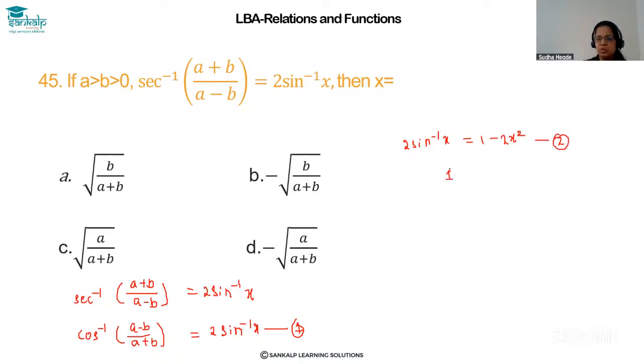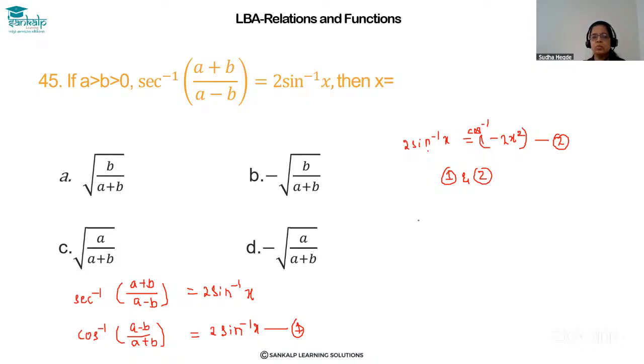From 1 and 2, 2 sin inverse x is equal to cos inverse of A minus B divided by A plus B. Correct? So here also it is cos inverse of 1 minus 2x square. Cos inverse of 1 minus 2x square is equal to 2 sin inverse x.